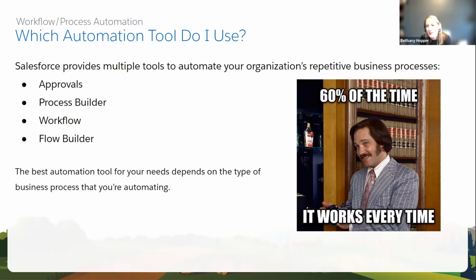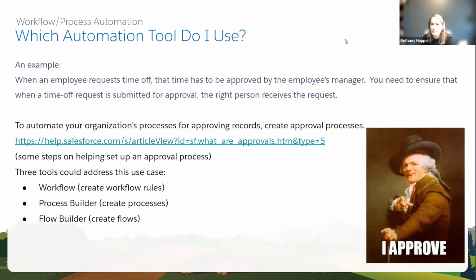The best automation tool for your needs depends on the type of business process that you are going to be automating. A basic, simple example could be an employee requests time off, and that needs to be approved by the employee's manager.